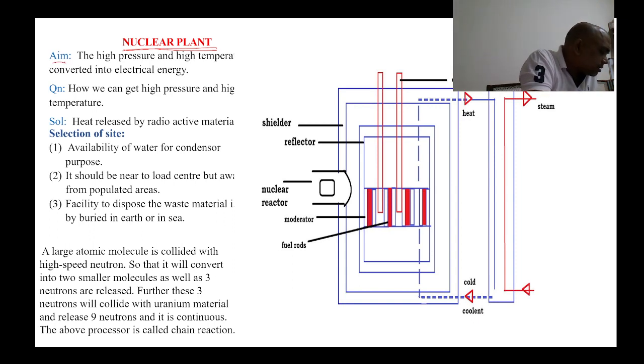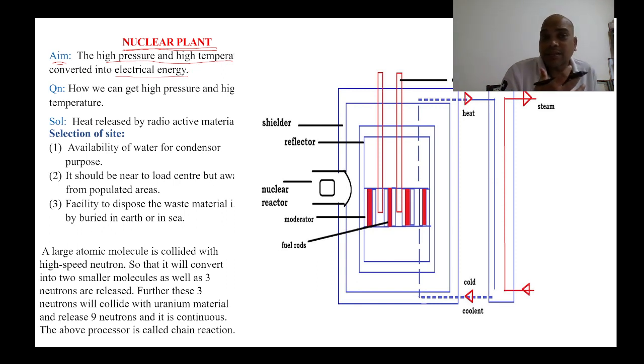Our aim is to get more amount of heat with high temperature and high pressure. So here the aim is that high pressure and high temperature should be converted into electrical energy.